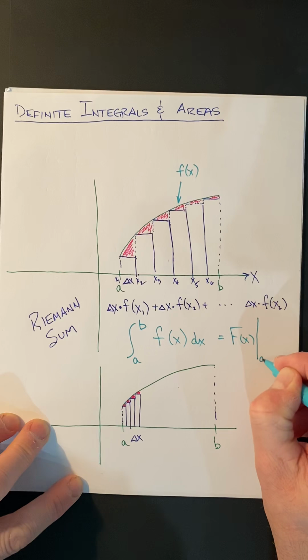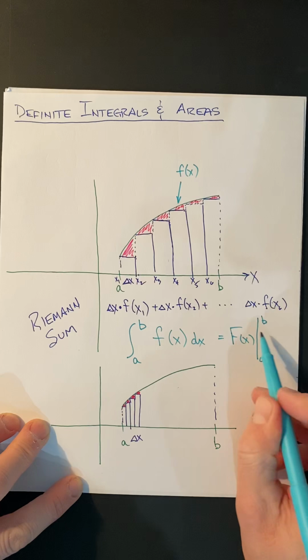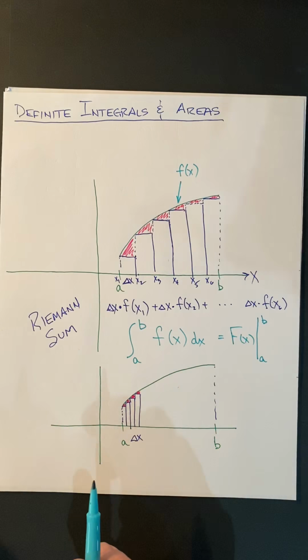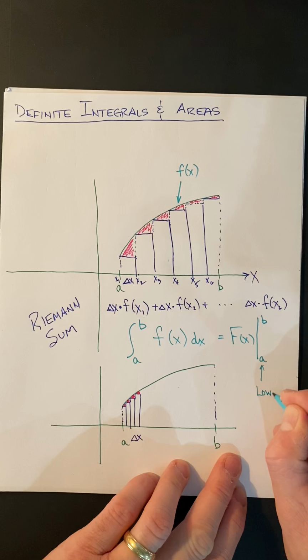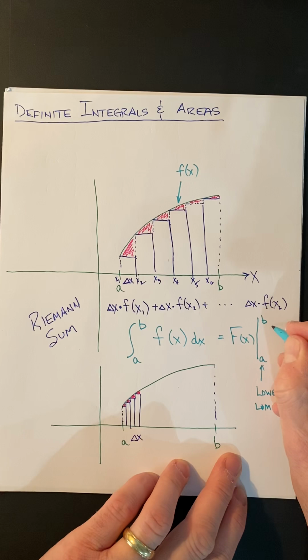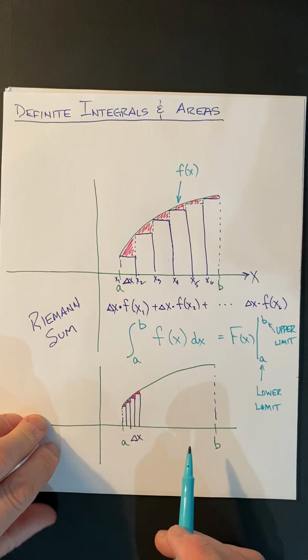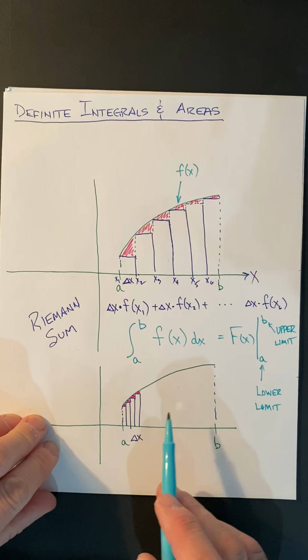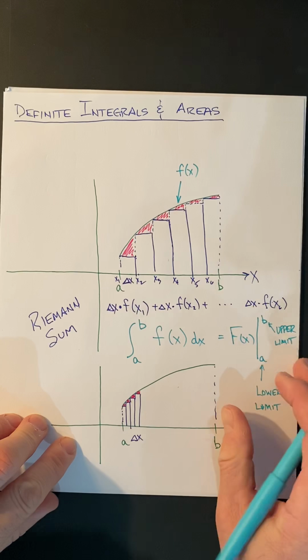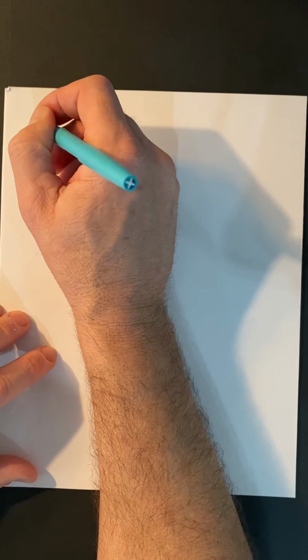And then you will see this bar out here that's telling me what my limits are, okay? So A here is the lower limit. And then that, of course, would make B the upper limit, okay? And what I'm really doing here now is I'm going to break this out into the following equation.